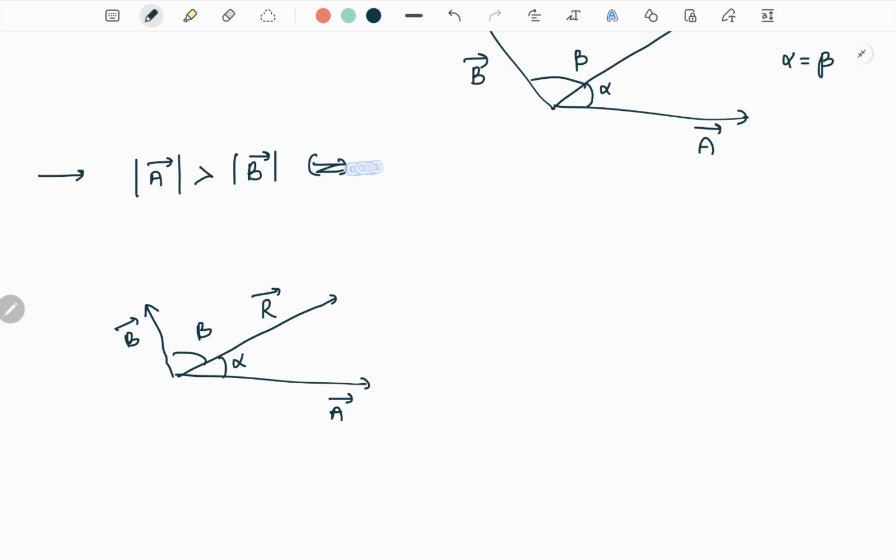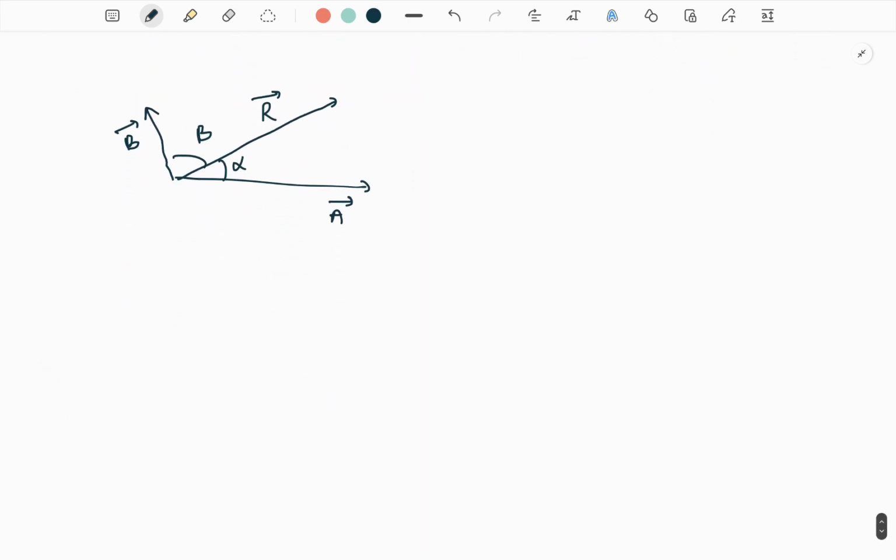In such a case alpha would be less than beta. The resultant will make less angle with the vector of larger magnitude and more angle with the vector of smaller magnitude. These specific cases would be helpful in some problems if you memorize them. So go through these specific cases I discussed under the parallelogram law of vectors and memorize them, because we will be using them many times.